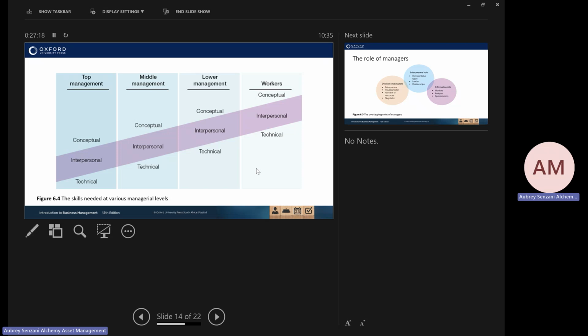However, the time spent on technical activities decreases as managers move up the management ladder, where conceptual and analytical skills seem to be more important. So I feel like they're saying the more you move up the corporate ladder, your technical activities reduce.